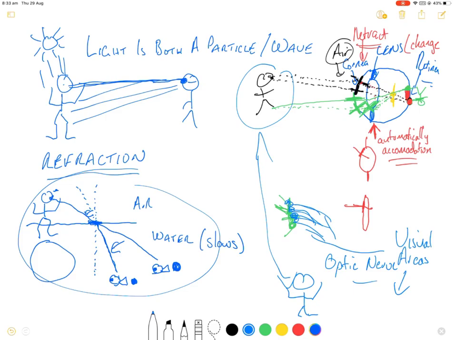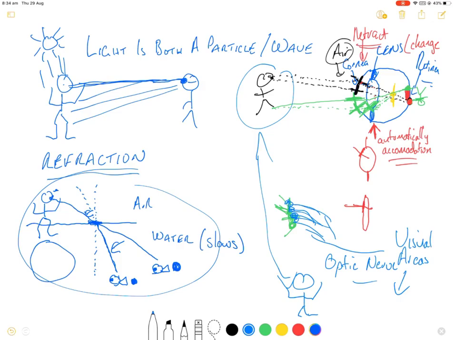And then when the light enters, the lens will fine tune to make sure that your image is focused. So the lens gives you the ability to look at a faraway object and focus, and then look at a close object and focus as well.